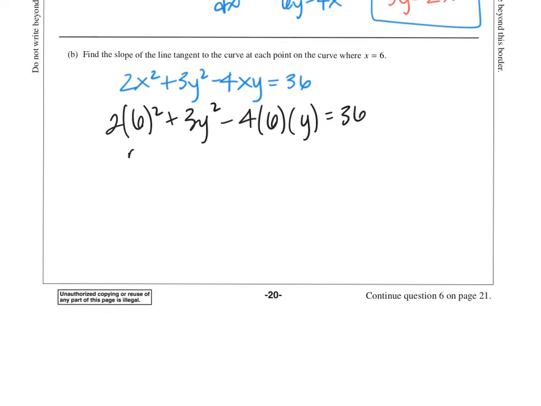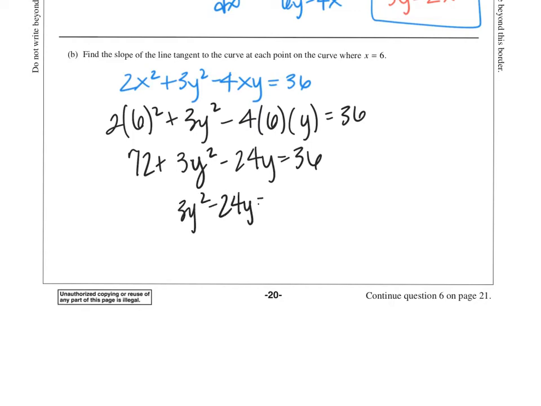I'm going to have 36 times 2, which is 72, plus 3y squared minus 24y equals 36. I would then have 3y squared minus 24y equals 36 minus 72, which gets me negative 36.